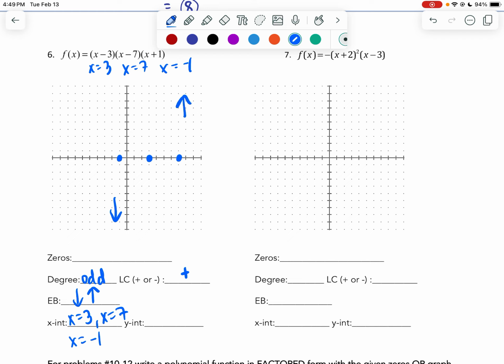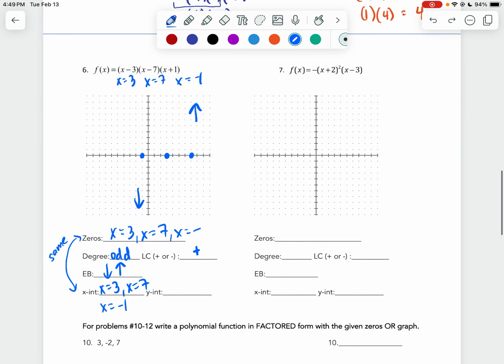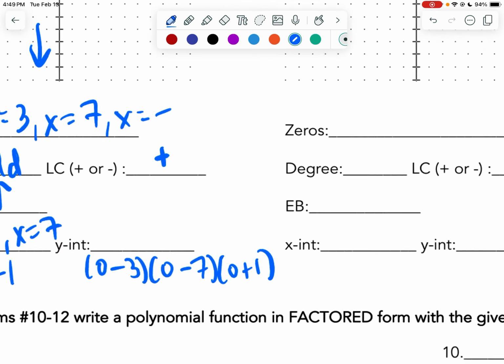Okay, zeros are the same thing as x-intercepts. They're exactly the same. They mean the same thing. So I can actually just copy those down. And then y-intercept, same as the other ones. Plug a 0 in for x, just exactly as the equation looks.